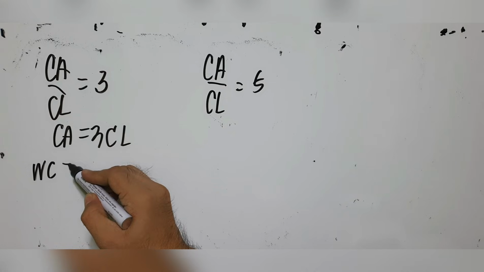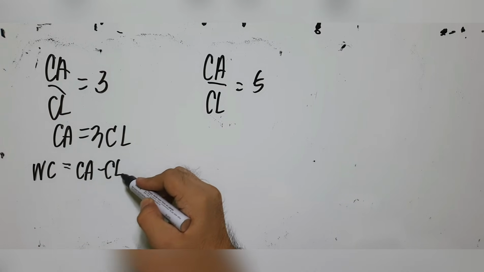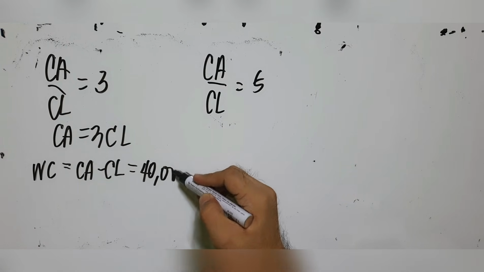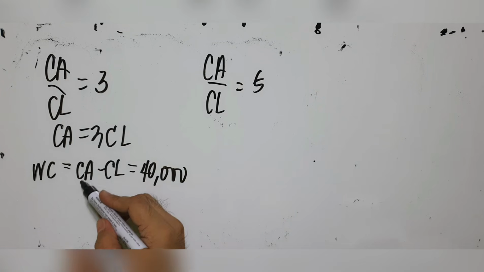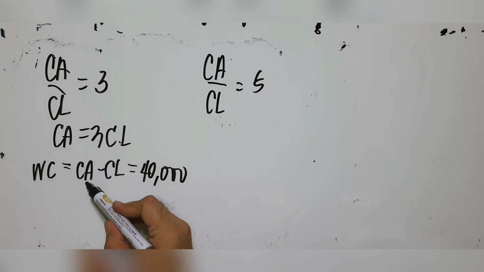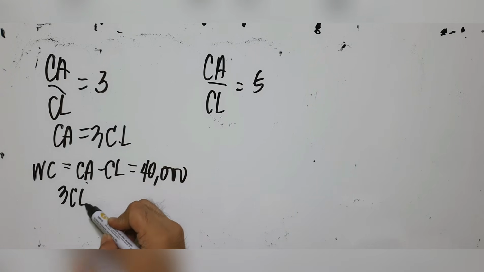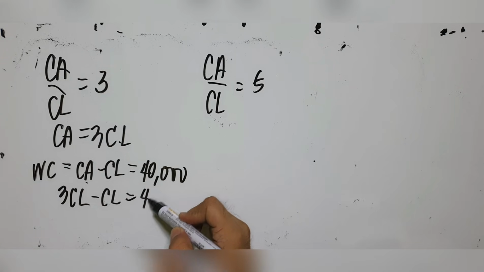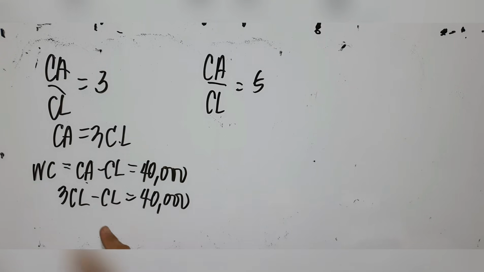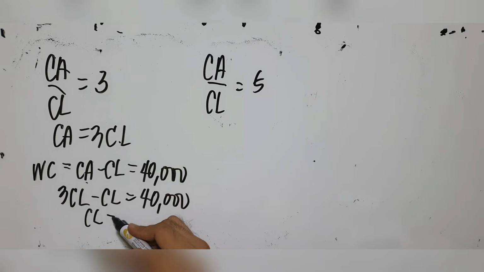So, working capital is CA minus CL is equal to 40,000. Kaya naman, if we substitute 3CL dito sa CA, so that would be 3CL minus CL is equal to 40,000. So pag minus natin, 2CL is 40,000. So ang current liability natin ay 20,000.